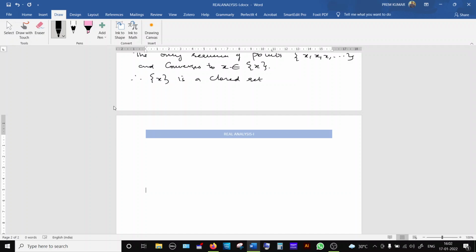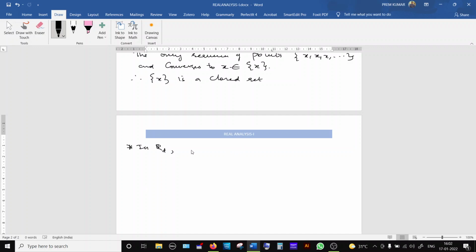And now what about R^d, the discrete metric space? Already we proved that every singleton element is open. We proved it in the topic of open sets: every subset of R^d is open, and every singleton set is an open set.